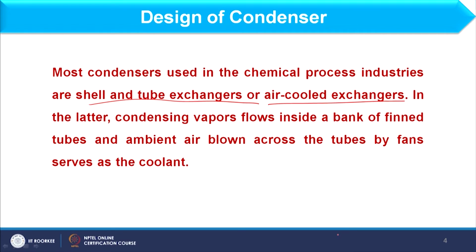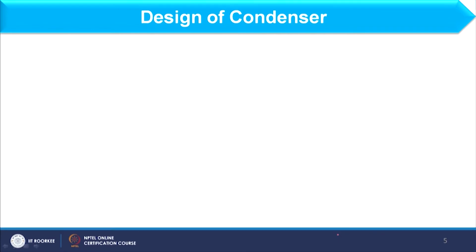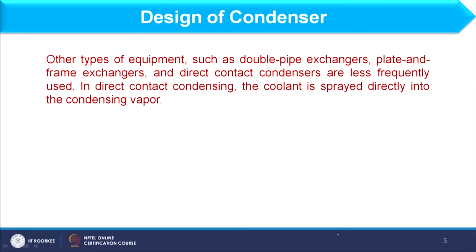So, what we can observe over here is that most of the exchangers are shell and tube type, and apart from that other types of exchangers are also used, but their use as a condenser is not significant. Okay. However, other types of equipment such as double pipe heat exchangers, plate and frame exchangers and direct contact condensers are less frequently used. However, they are used, but the use is not extensive.